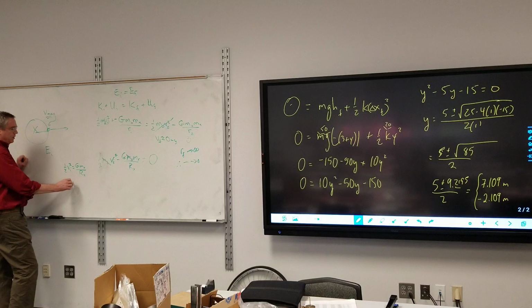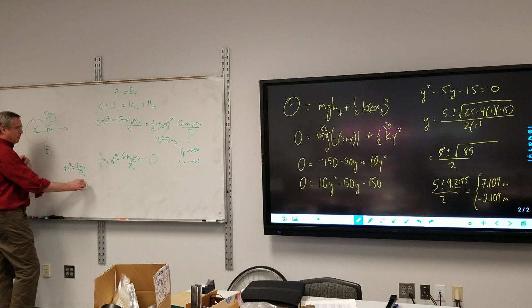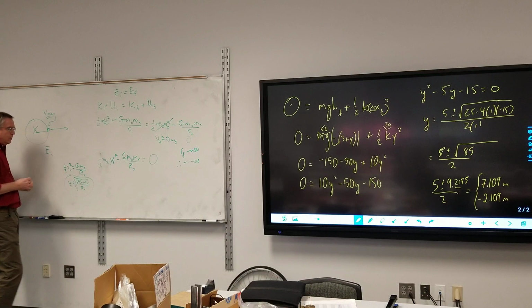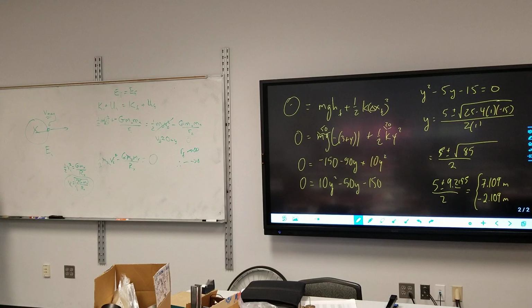So my initial speed is the square root of 2G m_x over R_x. That is the formula for escape speed.